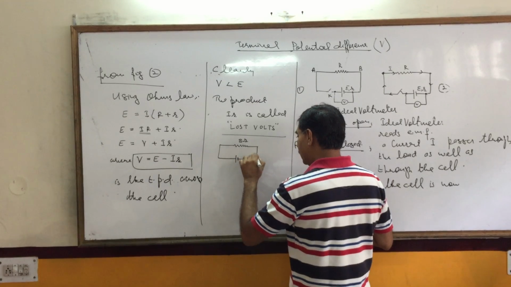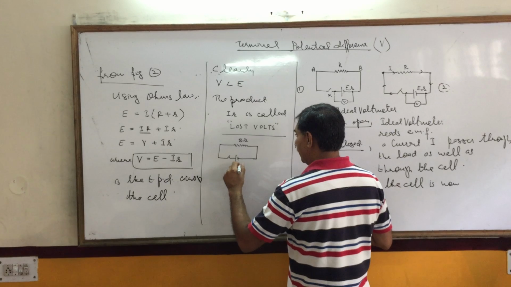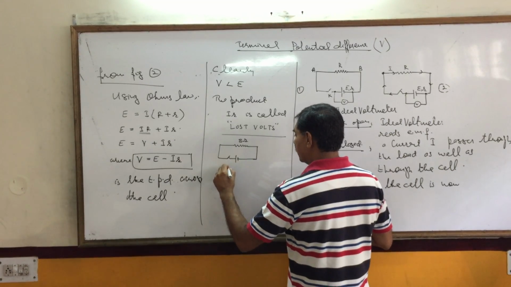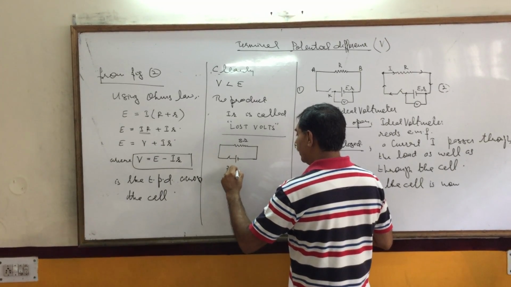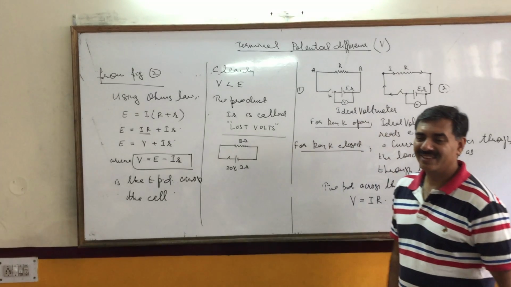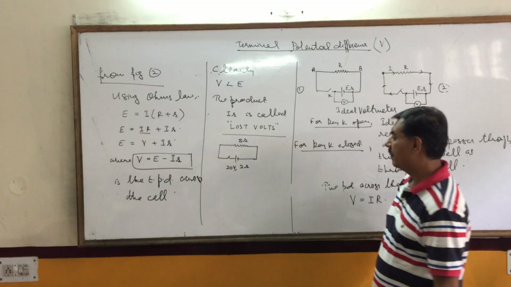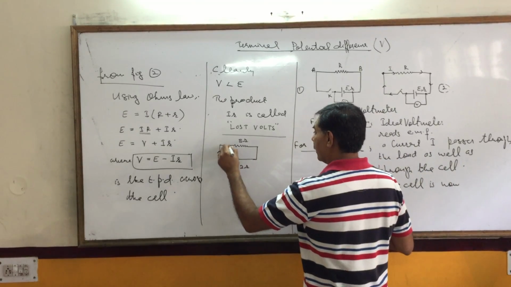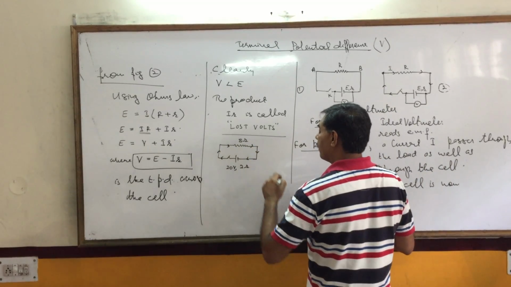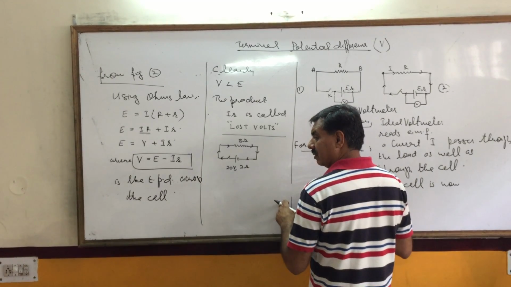This is a cell whose EMF is 20 volts and internal resistance is 2 ohms. What is the current through the cell?